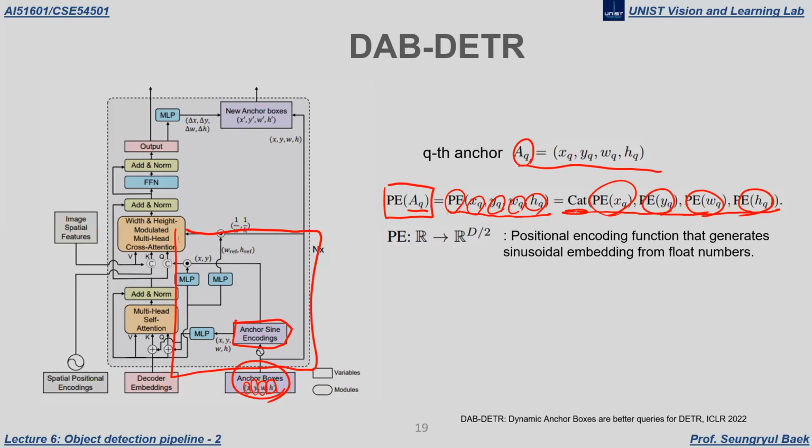This positional encoding function generates a sinusoidal embedding from floating numbers, which coincides with the positional encoding used here.